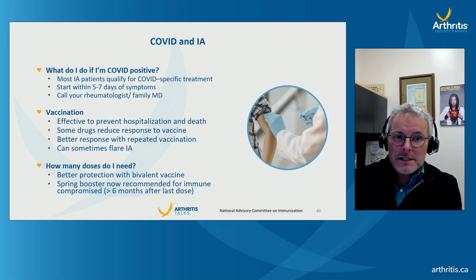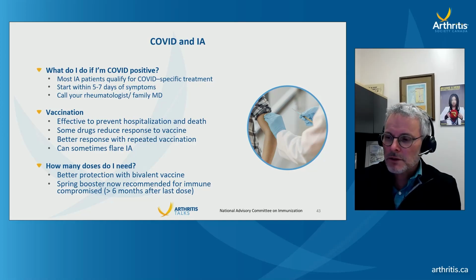Vaccination, we know, is effective to prevent hospitalization and death. It won't necessarily stop you from getting COVID, but it is important. Most of the patients in the hospital now are unvaccinated. Some drugs that we use in rheumatoid arthritis reduce the response to vaccine, but it seems like we can overcome that if we repeatedly vaccinate you.